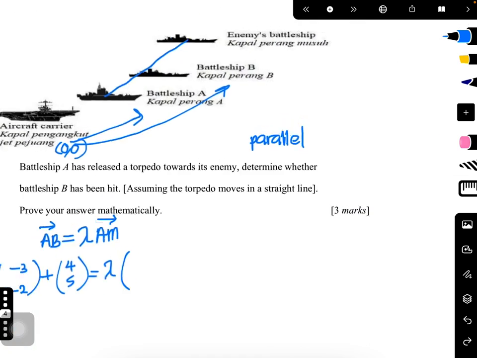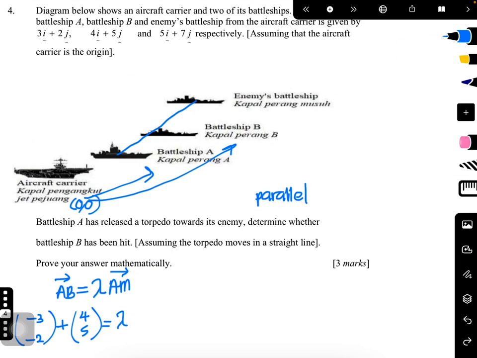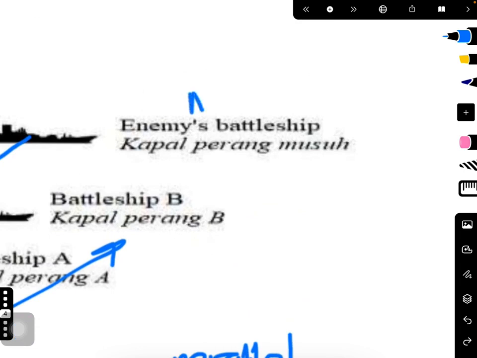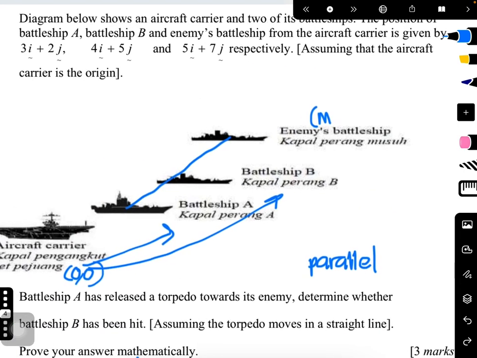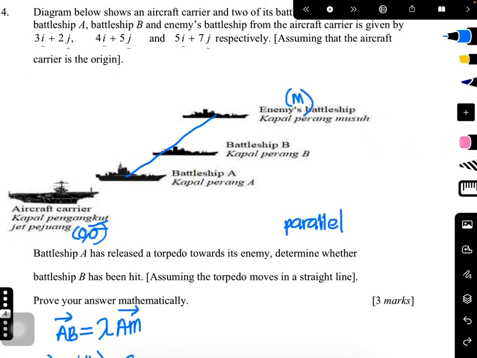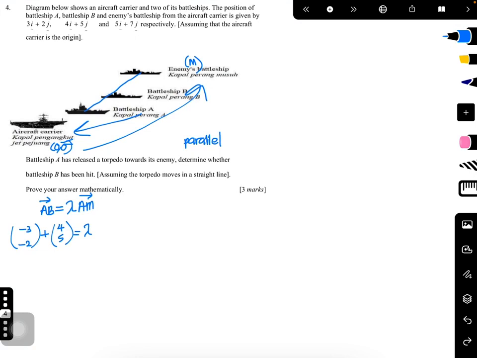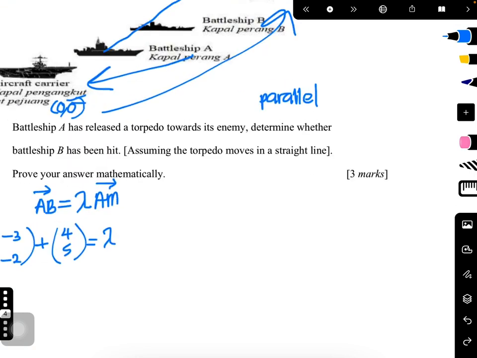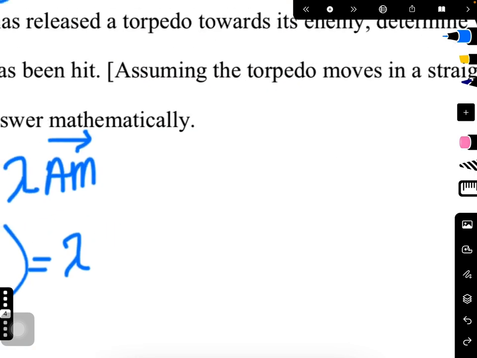What is AM? I give M as the enemy battleship. It is coordinate M. How can we find AM? AM is AO plus OM.